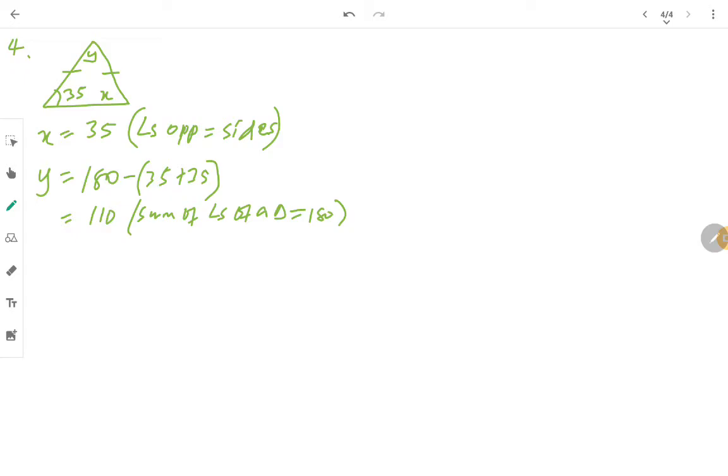Okay. Remember that all these drawings are not drawn to scale. That's one thing that you have to know. So you don't say that y does not look like 110 degrees. Nothing's drawn to scale.